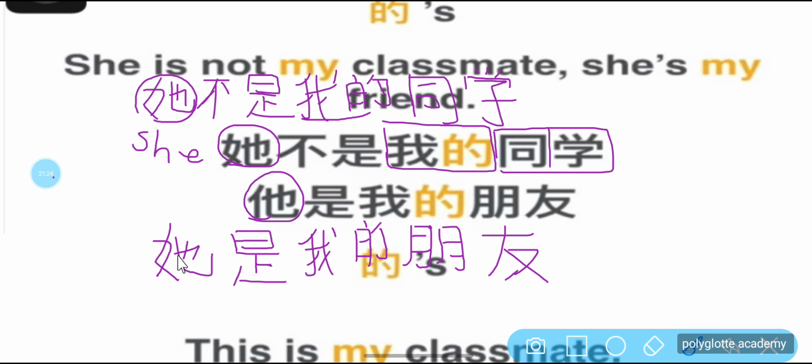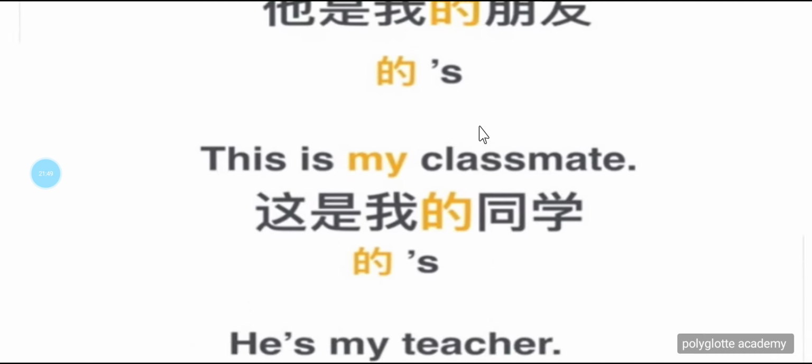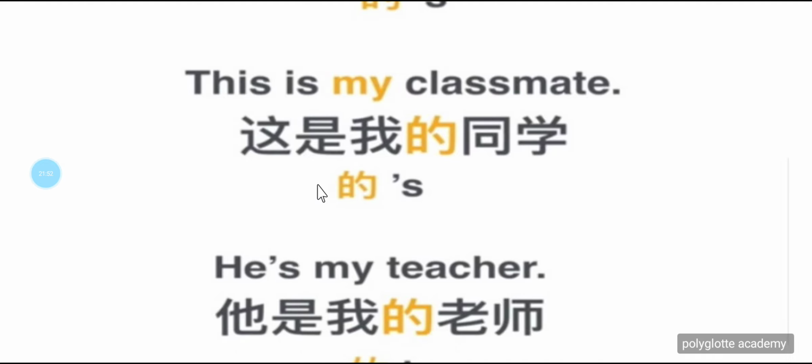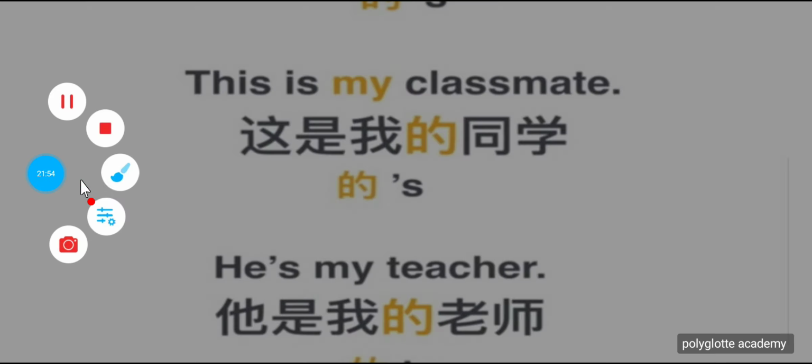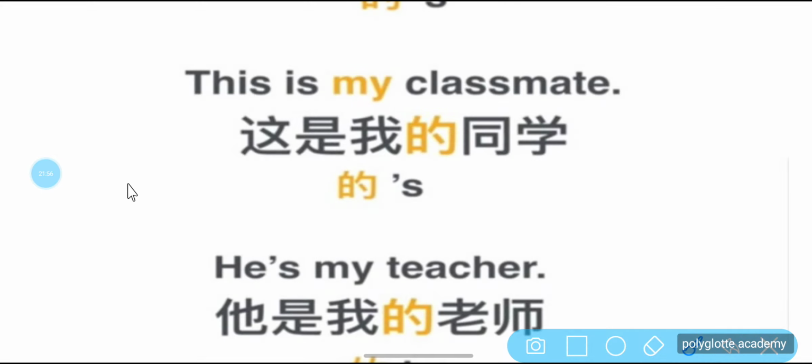This is the she, not this one. This one is he. So 他是我的朋友, 朋友 is friend. She is my friend. 好，继续。So we are still applying the grammar point 的.